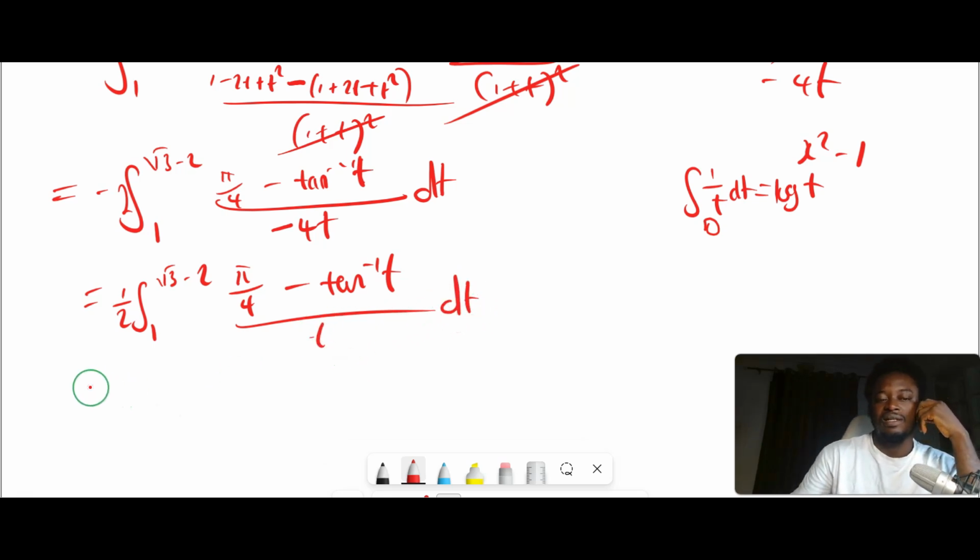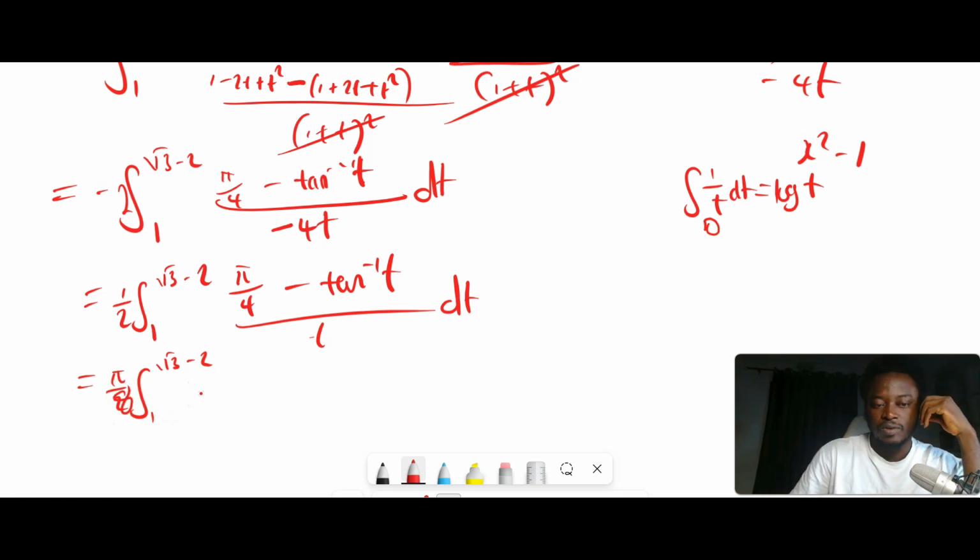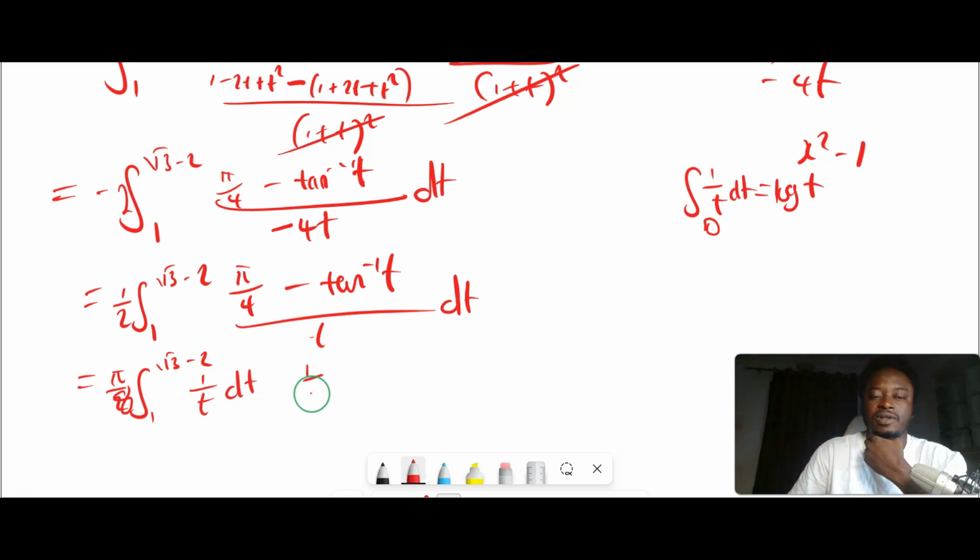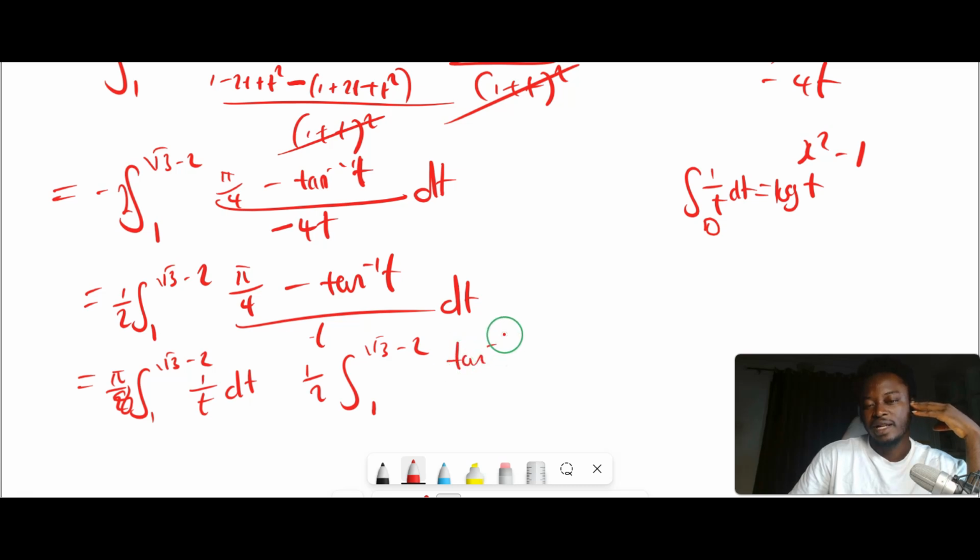Now this will be half of the integral from 1 to square root of 3 minus 2 of pi over 8, so 1 over t dt. So you see, one half times the integral from 1 to square root of 3 minus 2 of tan inverse of t over t dt.